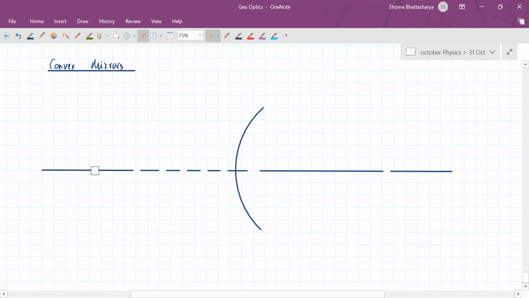So convex mirror means that we have silvered it from the inside, and the outer convex surface is the reflecting surface.